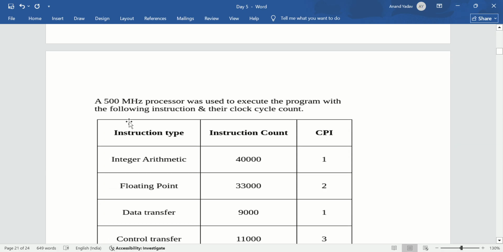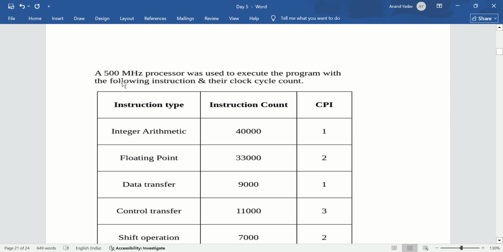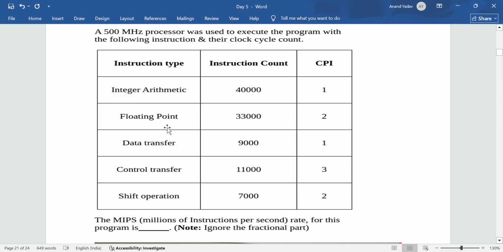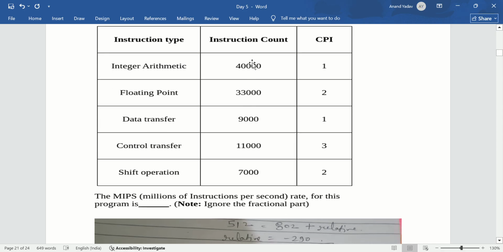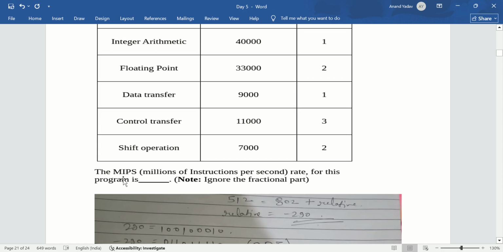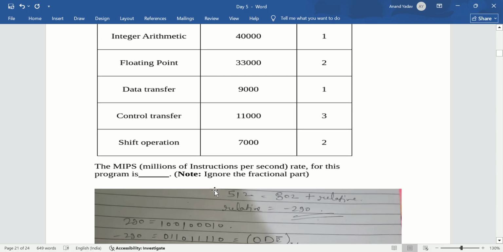Now next one: a 500 megahertz processor was used to execute a program with the following instructions and their clock cycles. These are the instruction type, instruction count and CPI. CPI means one instruction takes one cycle, two cycles, and so on. It asks for the MIPS, millions of instructions per second rate, for this program.